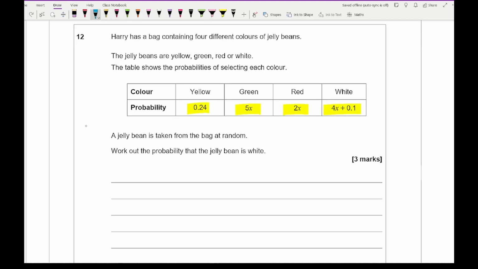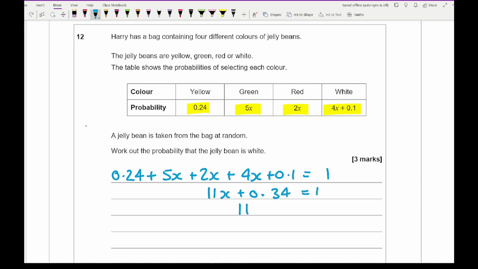So then what I've got is 0.24 plus 5x plus 2x plus 4x plus 0.1 equals 1. Now if I neaten all of that up, I get 11x plus 0.34 equals 1. So then 11x equals 0.66.